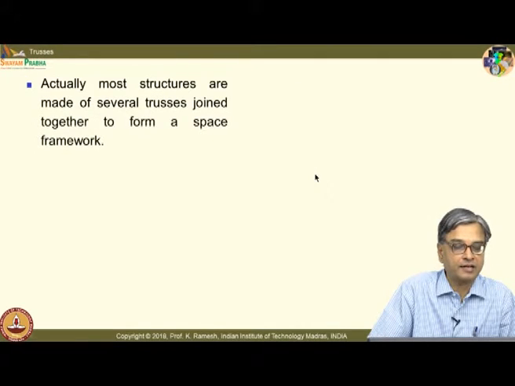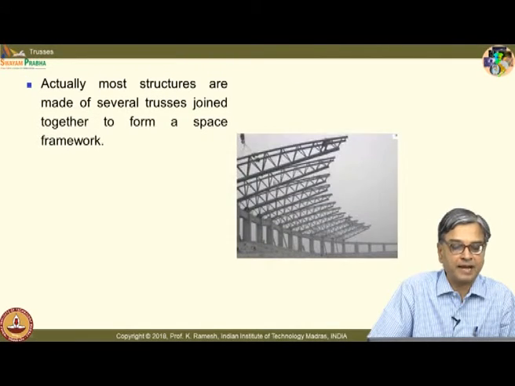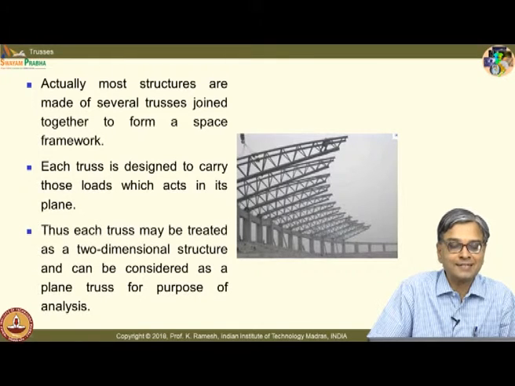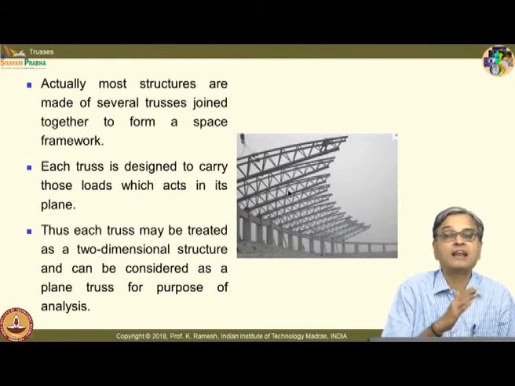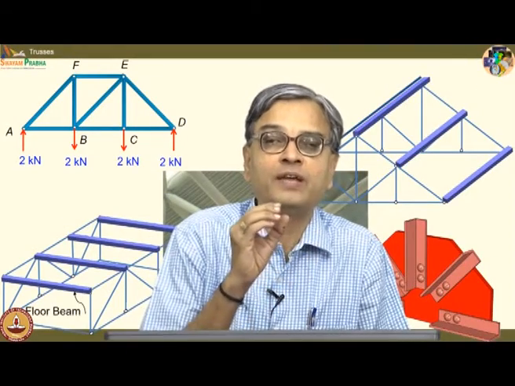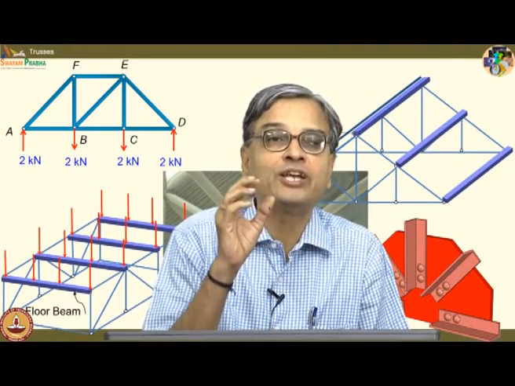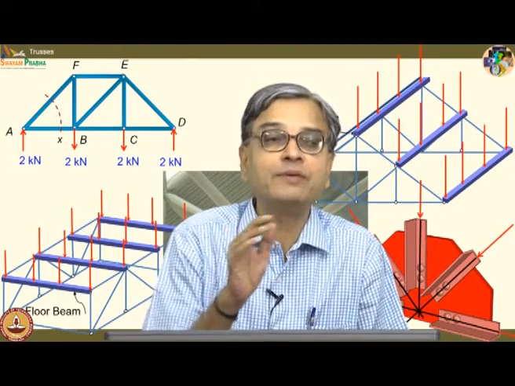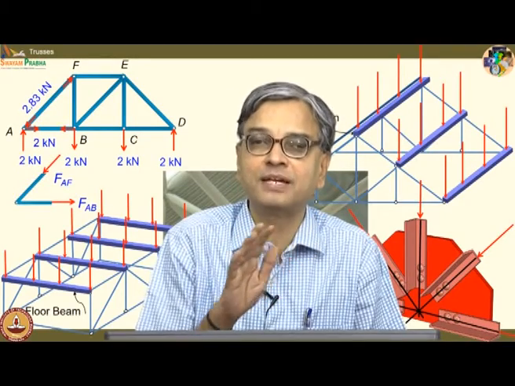And if you look at many of the practical structures, from an analysis point of view, you could consider them as planar trusses. See, engineers would always want to reduce a 3-dimensional problem to 2 dimensions, or if possible even 1 dimension. It makes our life a lot simpler.